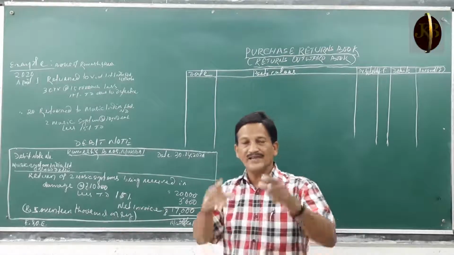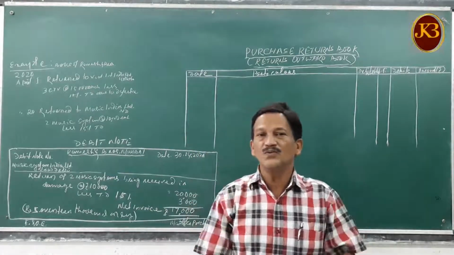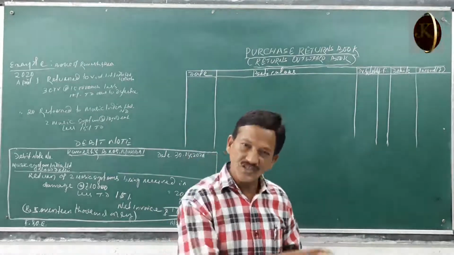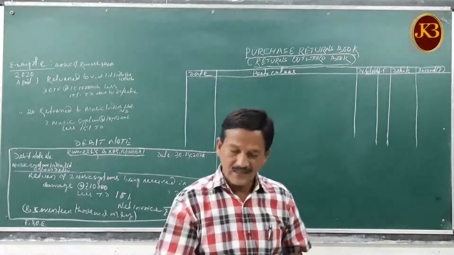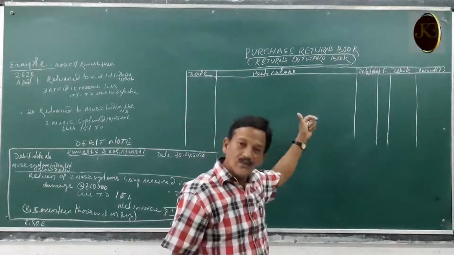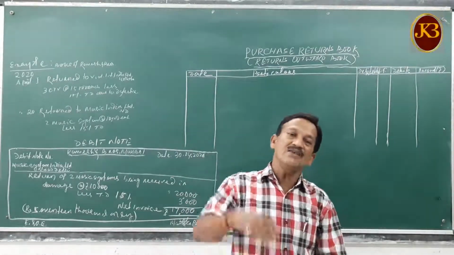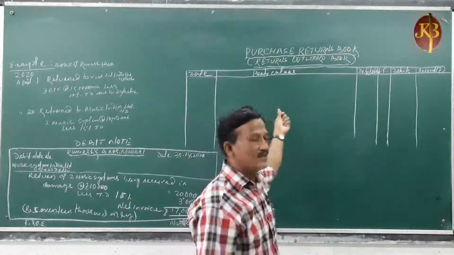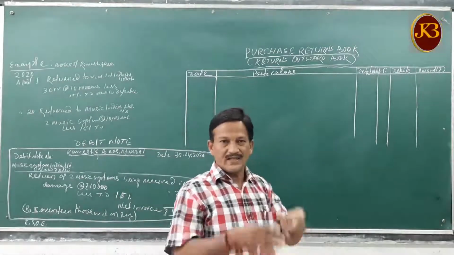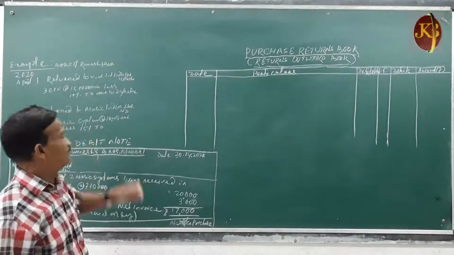So a debit note is a note prepared by the purchaser when the goods are returned to the supplier due to defects, intimating that the supplier's account is debited in the books.